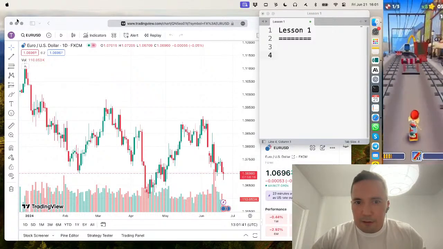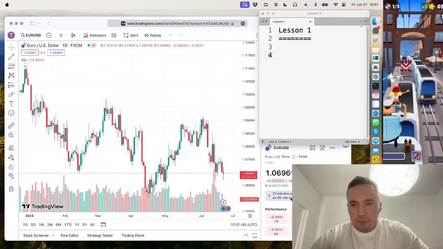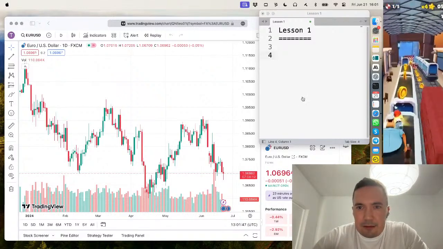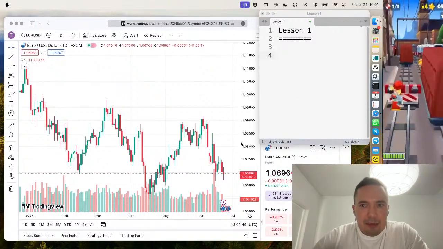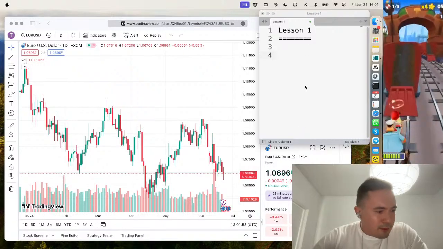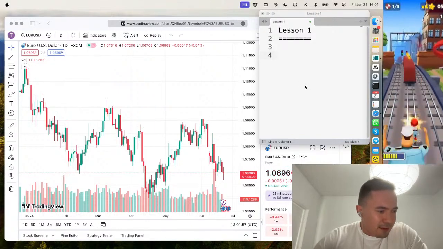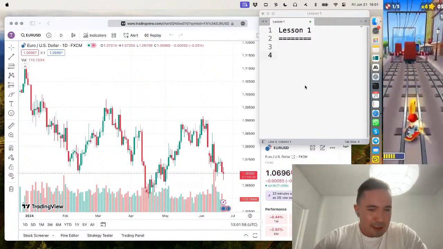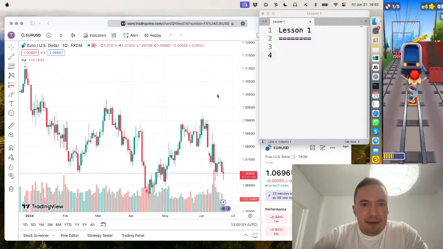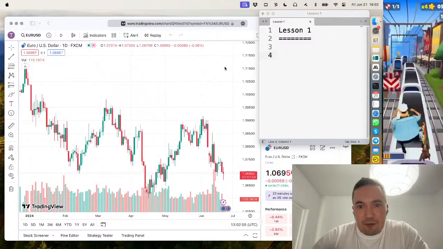So today we're gonna talk about trading terminals and the different terms, like what is an instrument, what is bid and ask, and what is a trading terminal?